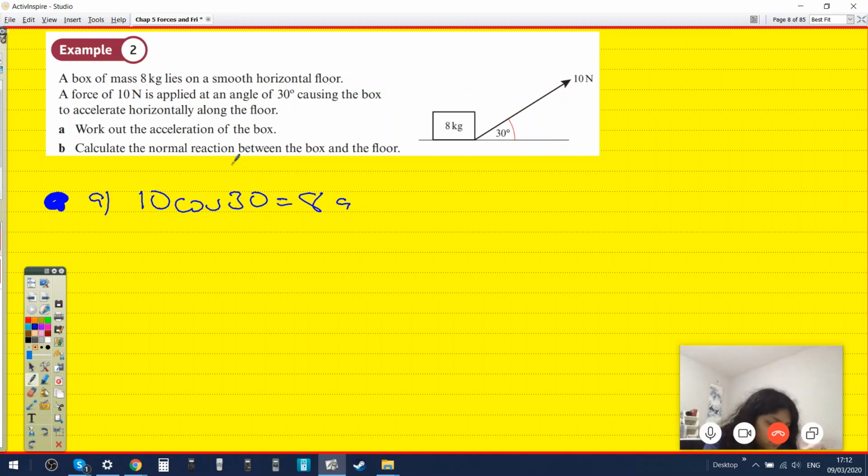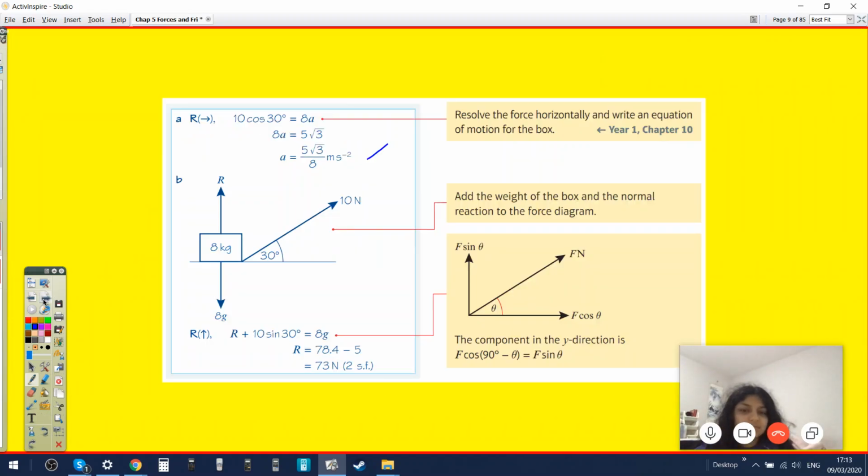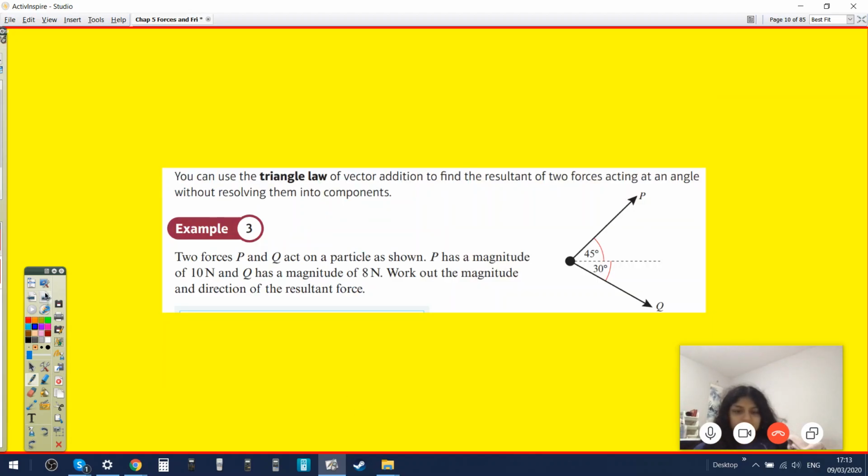That's R. So R is equal to 73.4. Yep. There we go. Okay, so I thought you'd be okay for that one.